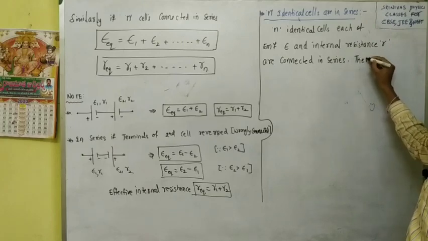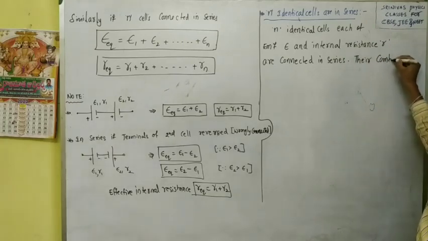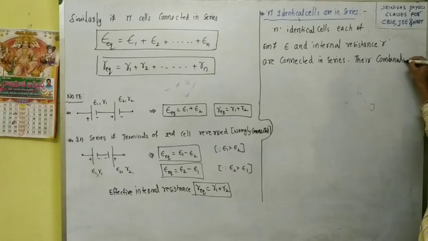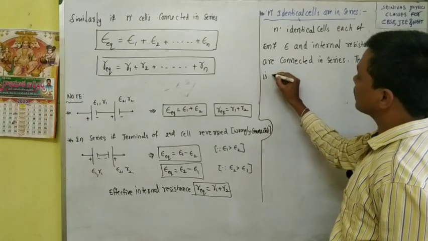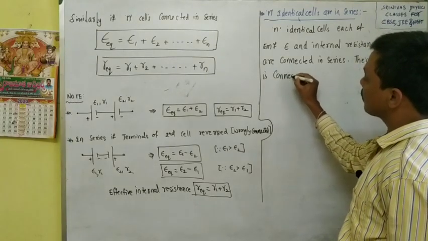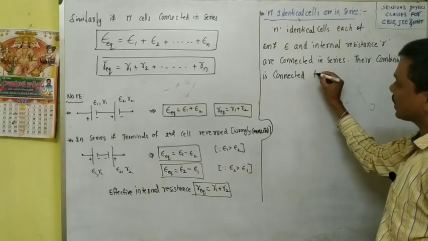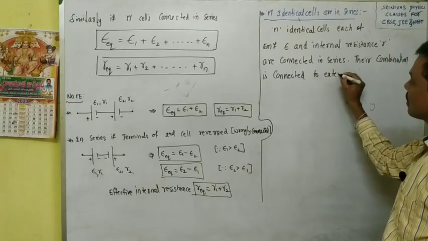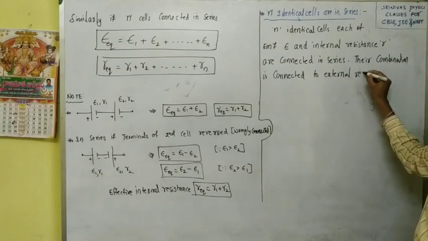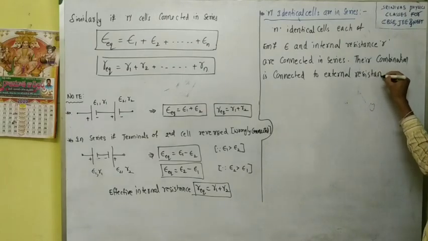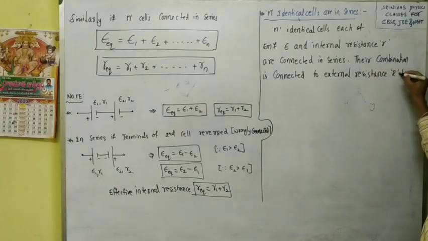Their combination is connected to an external resistance capital R. Then what happens?